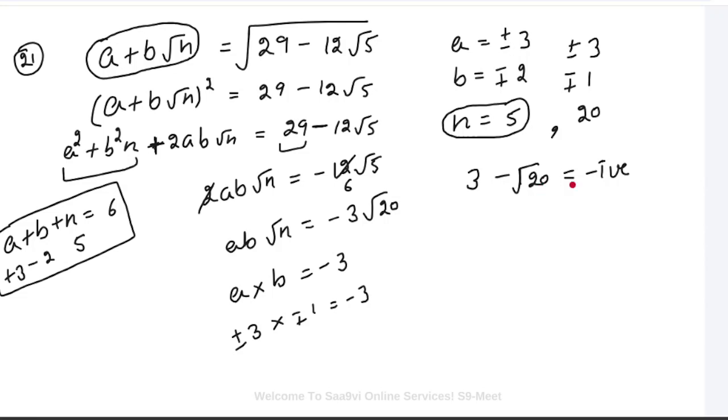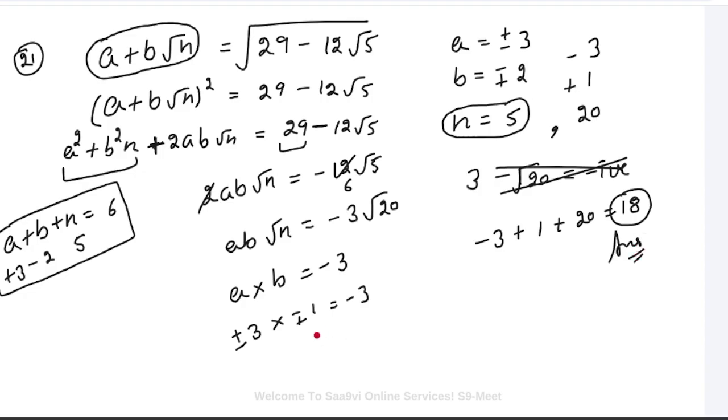So I'm going to get a negative answer, but that is not acceptable. We need to have a positive one. That means the sign has to be changed. We need a to be minus 3 and b to be plus 1. Now if I add them, a that is minus 3, b as 1, and n as 20, the answer will be 18. Now this is the maximum possible value which we can have.